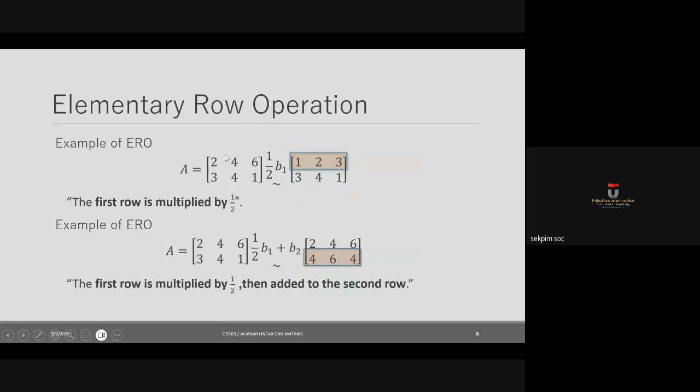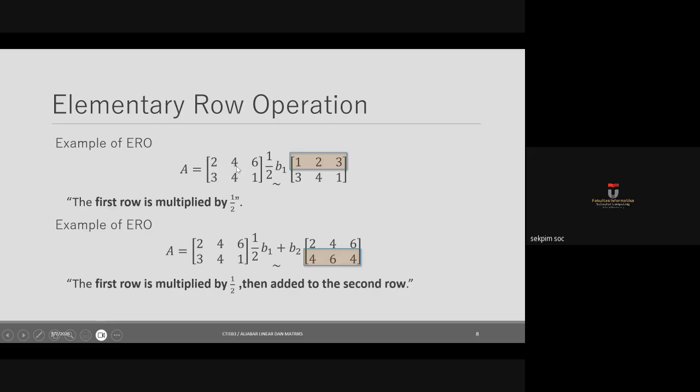Since in matrix A, the first row is 2, 4, 6, after multiplying the first row by half, you will get this one. So you just take half of each entry in the first row.